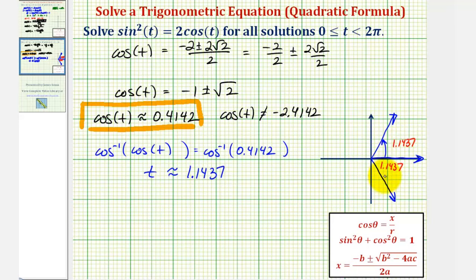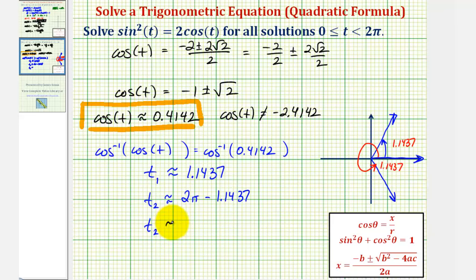So the measure of this angle that terminates here over this interval from 0 to 2 pi would be this angle, which should be 2 pi radians minus the reference angle of 1.1437 radians. So we'll call this t sub 1 for our first solution, and t sub 2 would be approximately 2 pi minus 1.1437 radians.